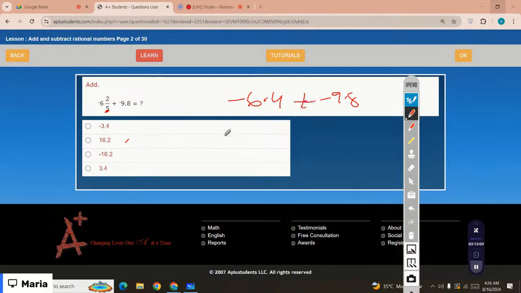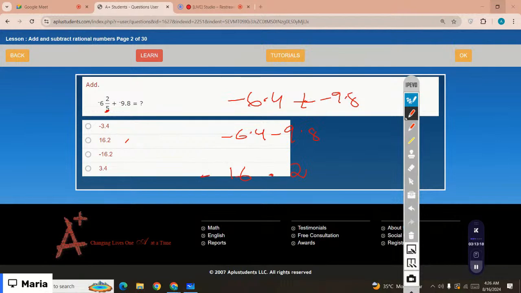Adding a negative number is the same as subtracting. So basically both the numbers have a negative sign, you need to add them. 8 and 4 is 12, 9 and 6, 15 and 16.